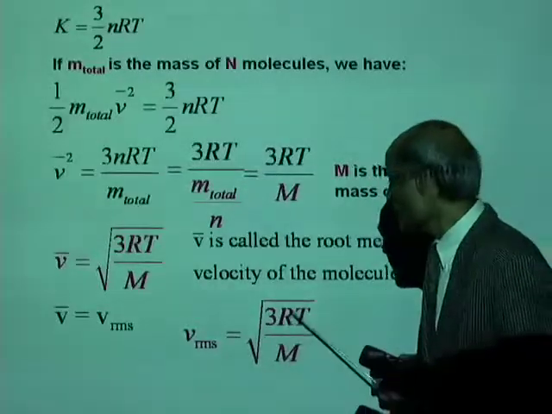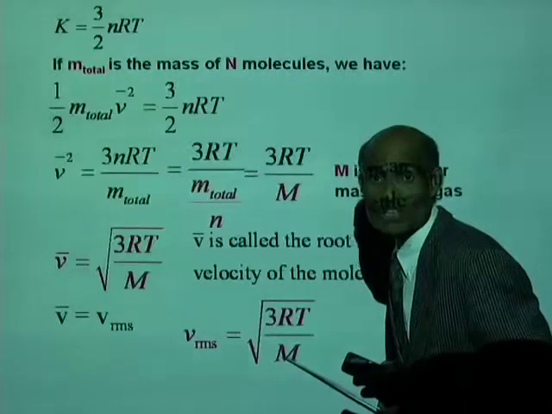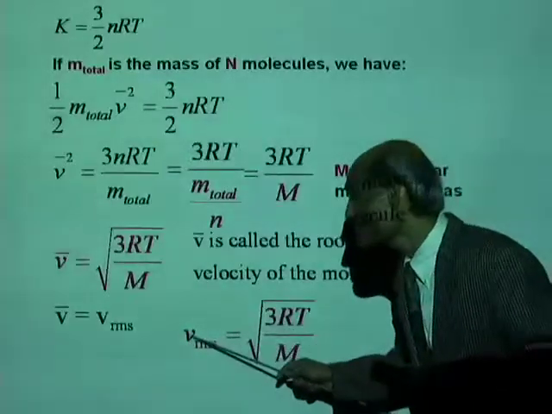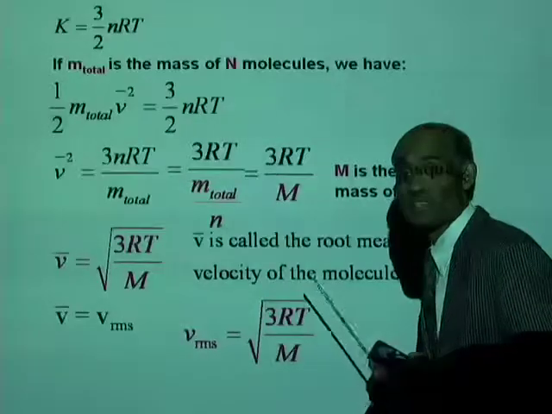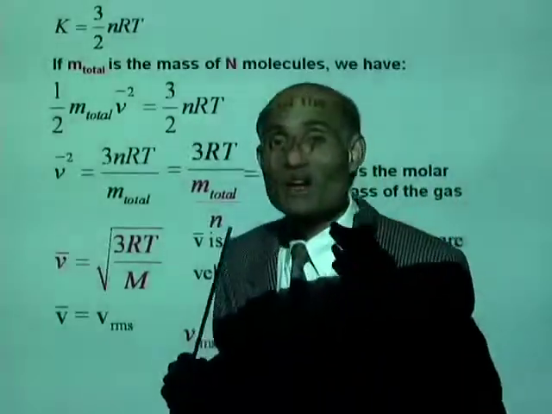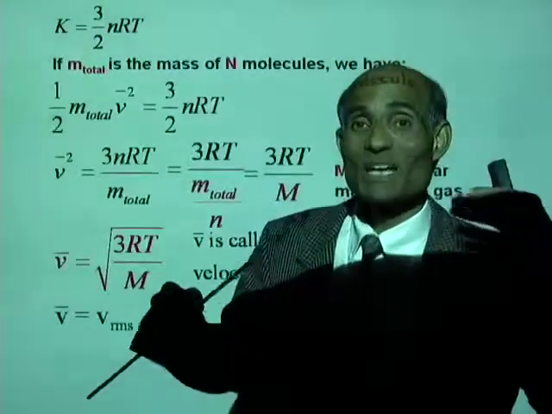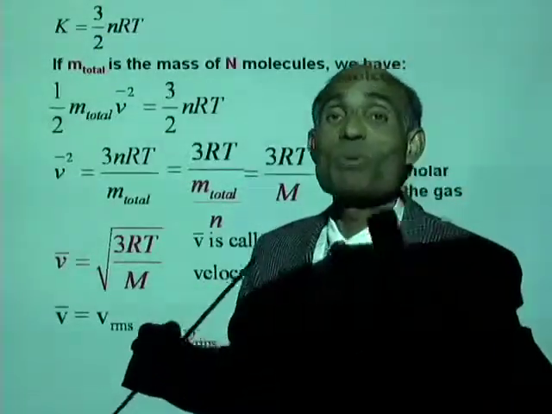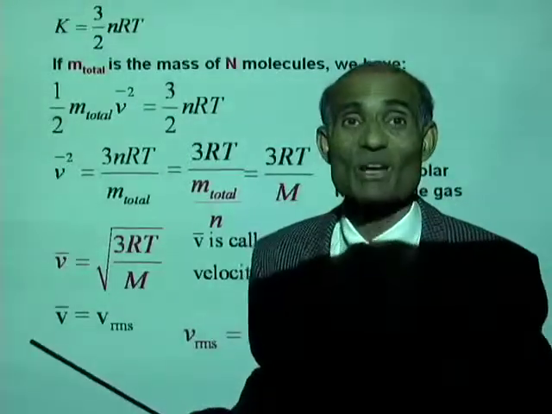You can see R is a constant, and the molar mass of a substance is a constant. Therefore, what does the velocity depend on? On the temperature. Do you remember in the earlier part of this lesson we said temperature is proportional to the average kinetic energy of the molecules?